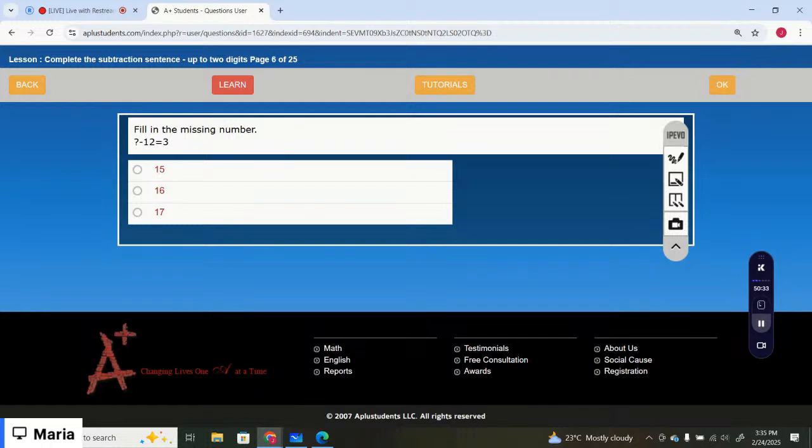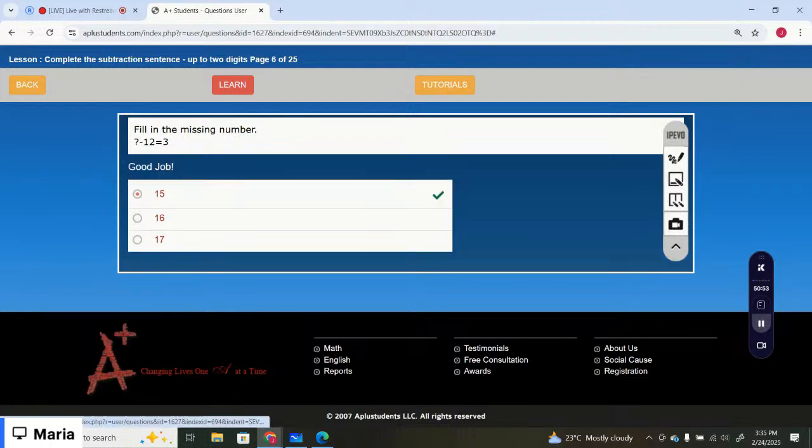Fill in the missing number. That is 15 take away 12 is 3. Option number 1 is the correct option.